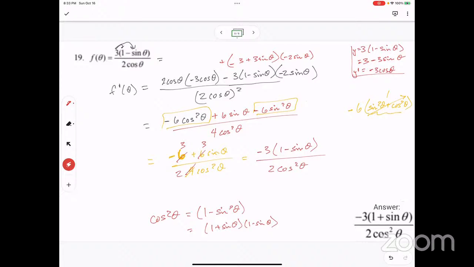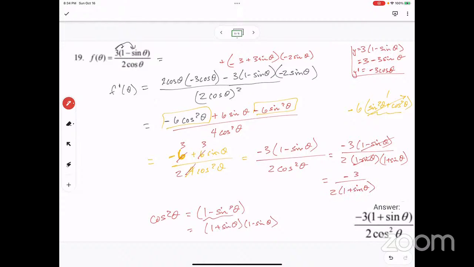So actually, I think what you should do is this would be 1 minus sine squared theta, and I think you can cancel this out. So this equals -3 times 1 minus sine theta all over 2 times 1 minus sine theta times 1 plus sine theta, because it's a difference of perfect squares. So these would cancel out, and you would get -3 all over 2 times 1 plus sine theta.